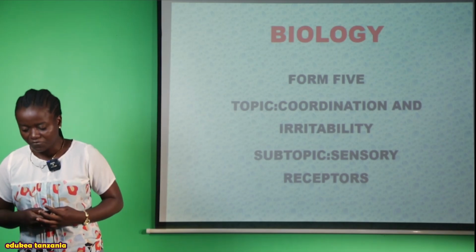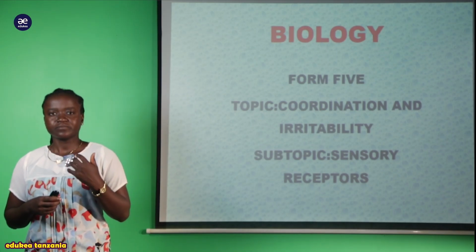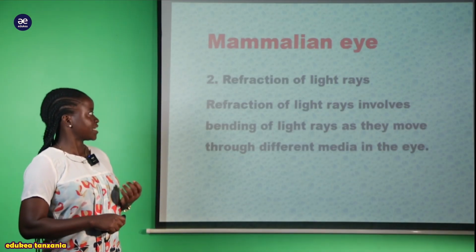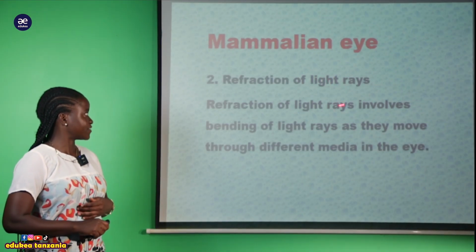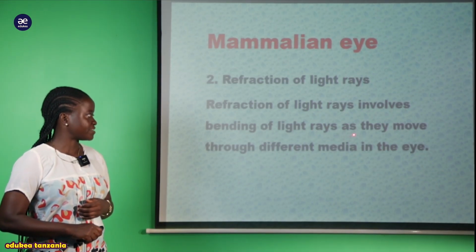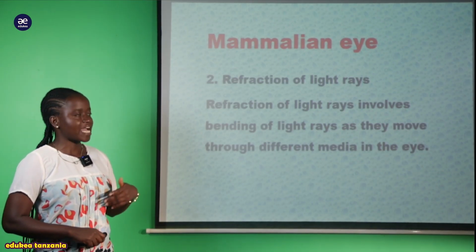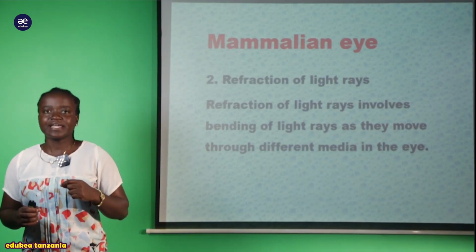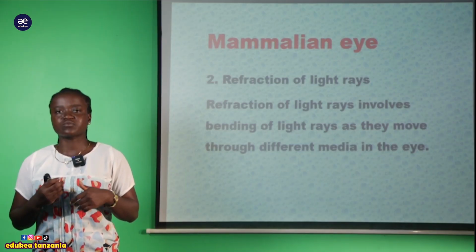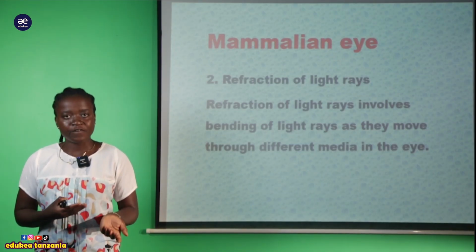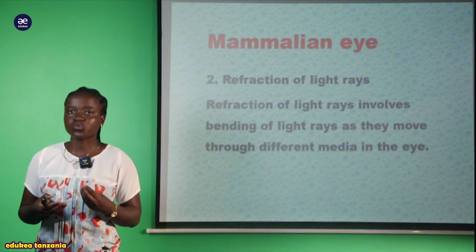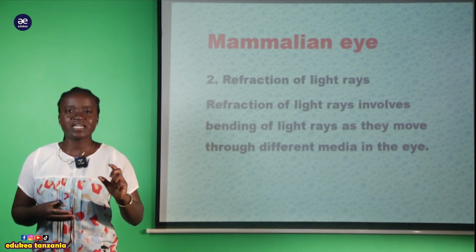Before we proceed, we have to recall that refraction of the light rays involves bending of light rays as they move through the different media in the eye. Within the eye, different kinds of media are found. For example, there is the aqueous humor and the vitreous humor. All of those are media.